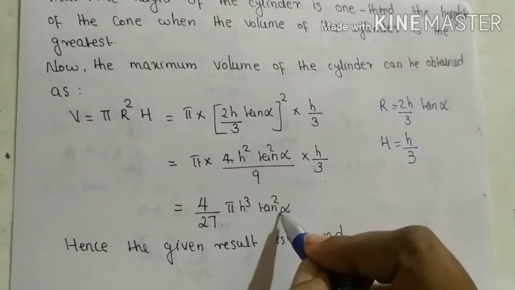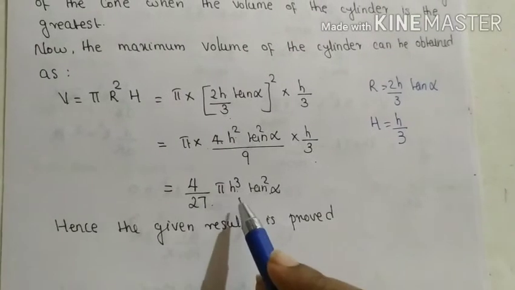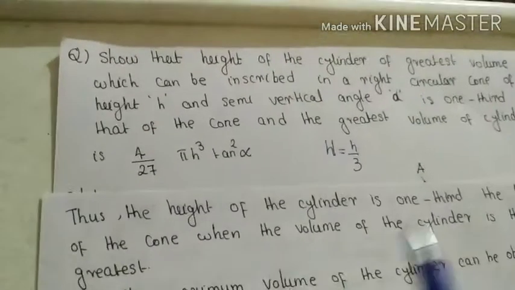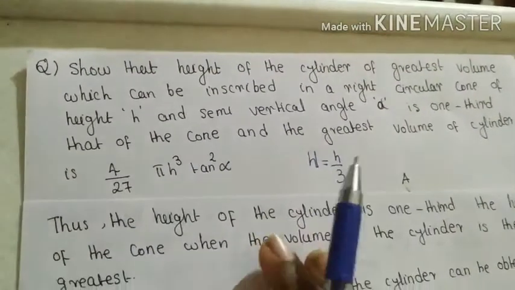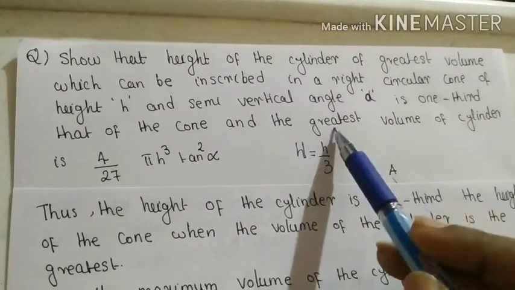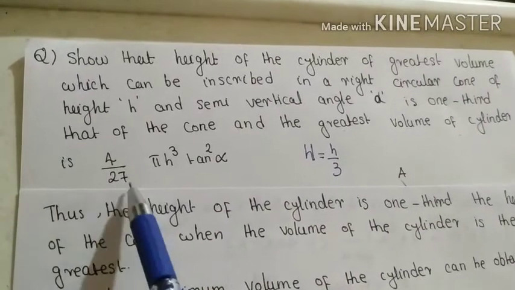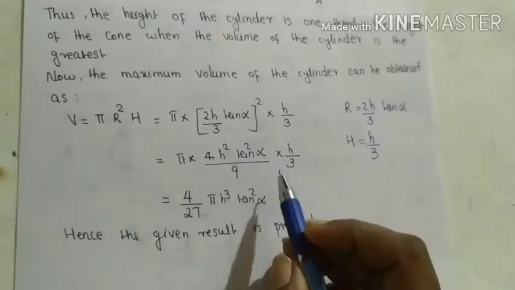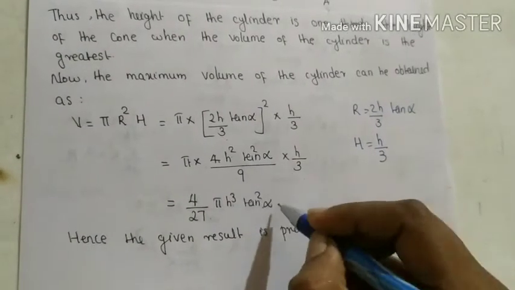So 4 by 27 pi H cube tan square alpha is the maximum volume. In this question we need to show that the greatest volume of the cylinder is 4 by 27 pi H cube tan square alpha. So hence the given result is proved.